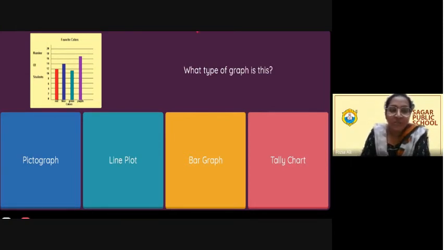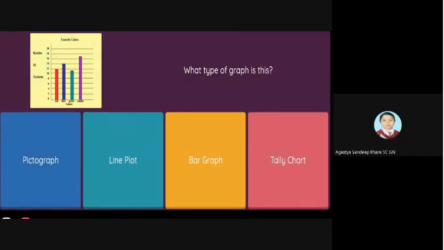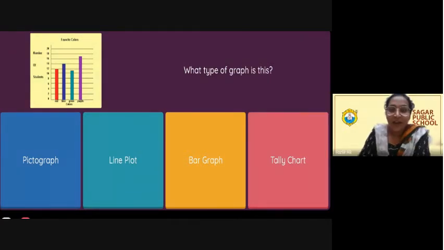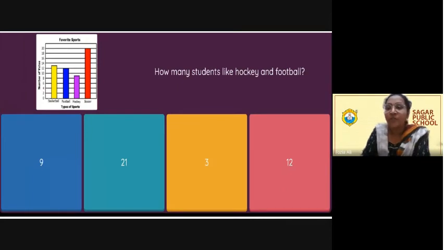Now next question will be given by Agastya. Agastya, question for you is, how many students like hockey and football? So here we have two sports, hockey and football together. I want the total number of students loving hockey and football. 21. Can you specify how?